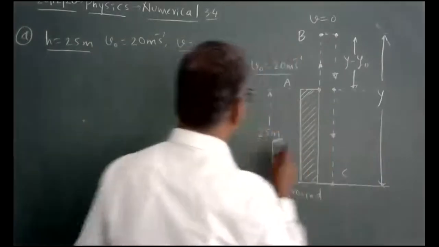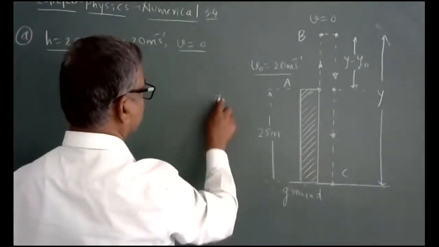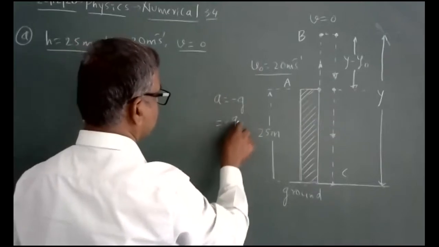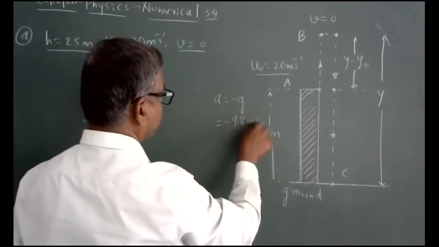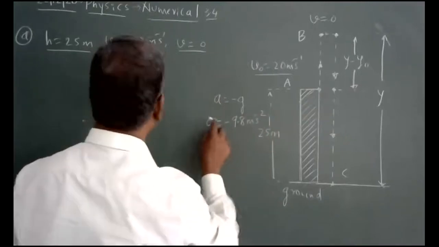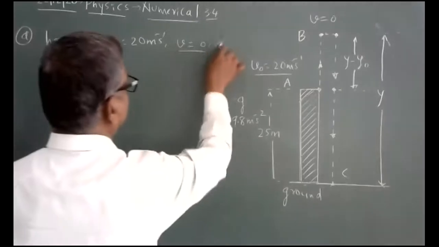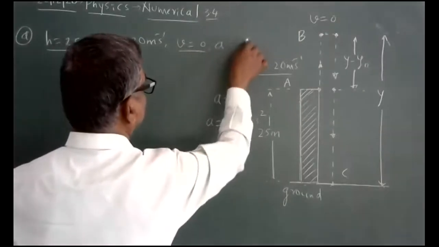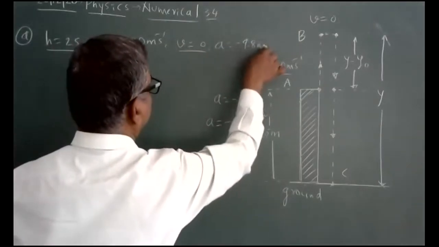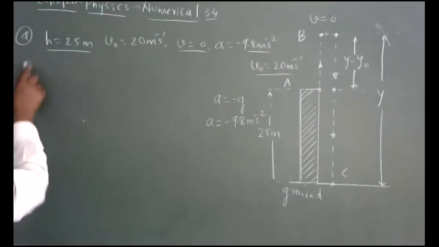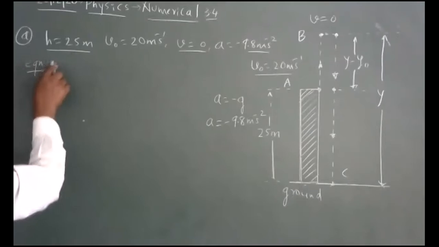I need to take this acceleration a equal to minus g, which is minus 9.8 meters per second square everywhere. So a is well defined, a equal to minus 9.8 meters per second square. Now I'm going to write the suitable equation of motion.